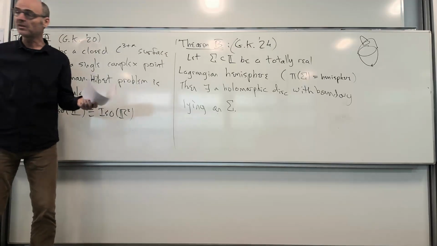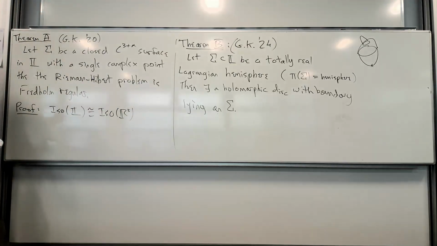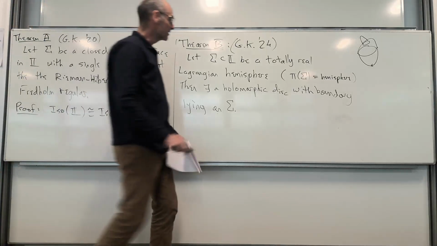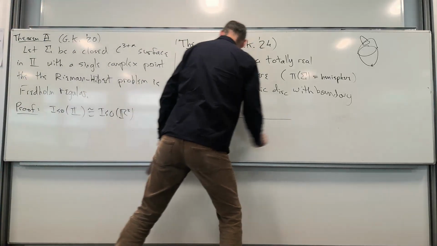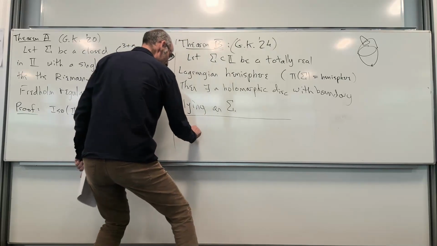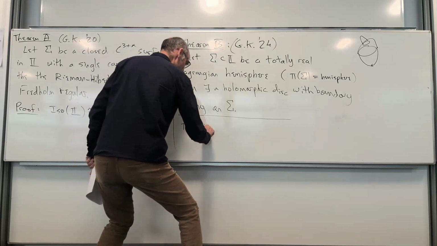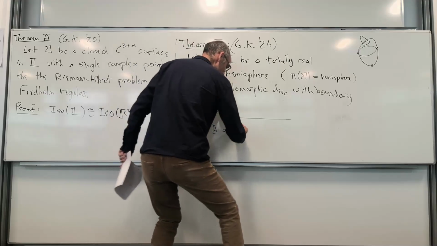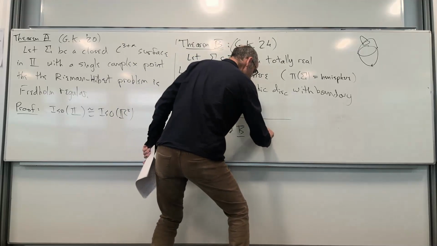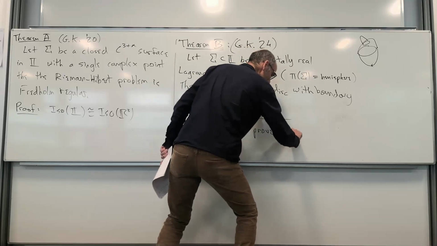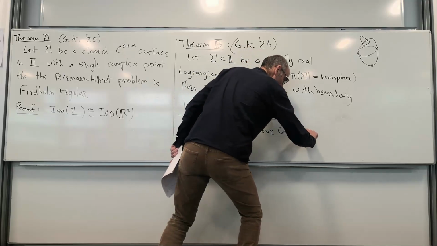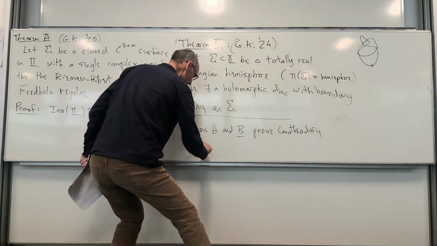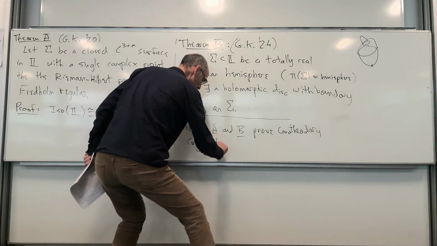You can't just create 1 umbilic point, because then it would have been Fredholm regular and those disks wouldn't have existed in the first place. So in fact, theorems A and B prove the Carathéodory conjecture, where you must have at least 2 umbilic points on a closed convex surface in R3.